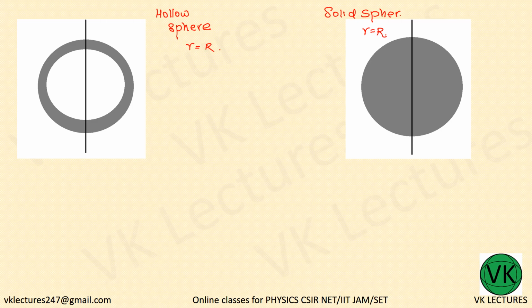So this is now along the center. If you rotate, the moment of inertia, this rotation is always along the diameter, because anywhere if you draw a line connecting two ends of the sphere, it would be the diameter passing through the center.